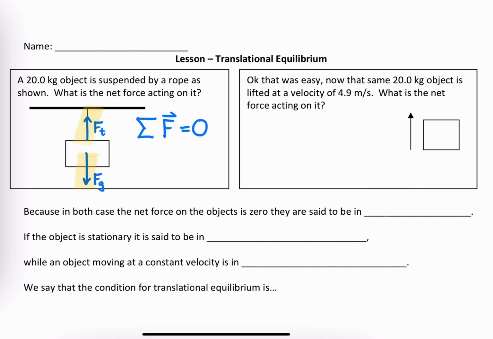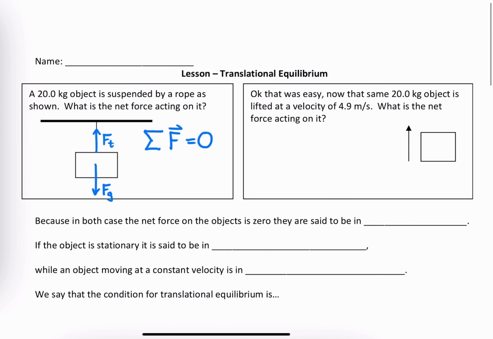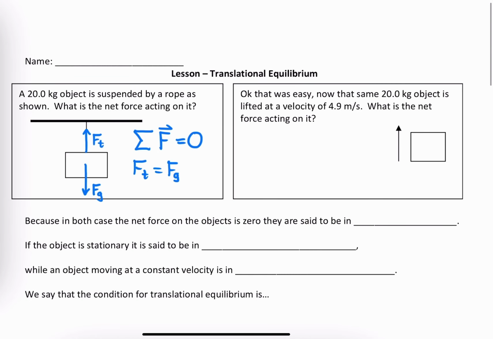Because the net force is 0, both of these should be the same length. They're equal in magnitude, but opposite in direction. Another way of writing this is that Ft equals Fg. Okay, so that was easy.